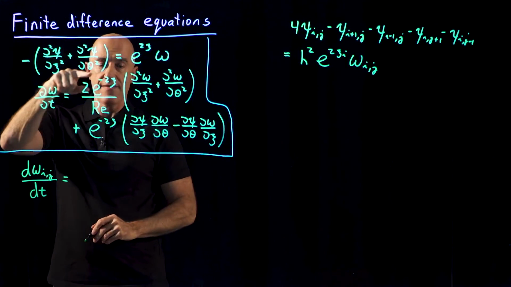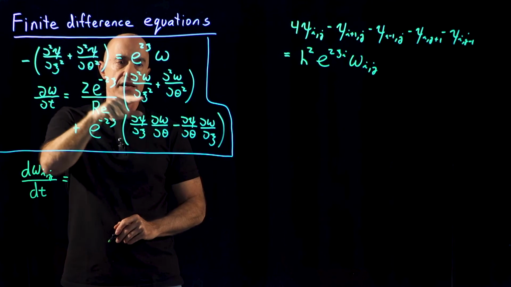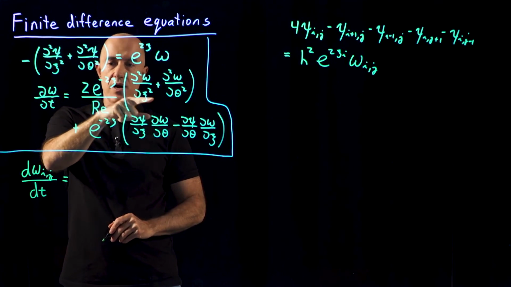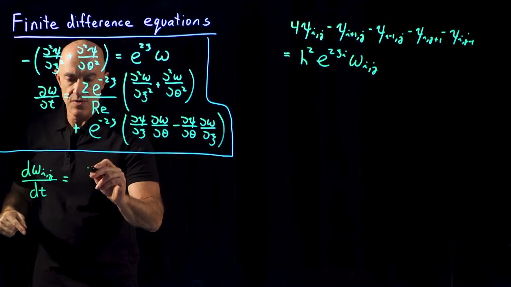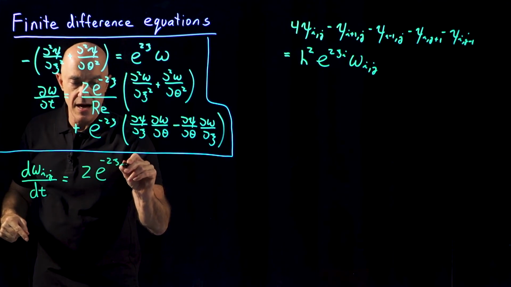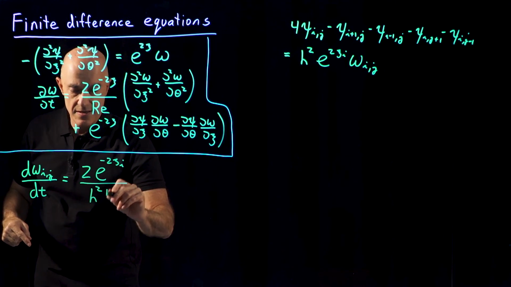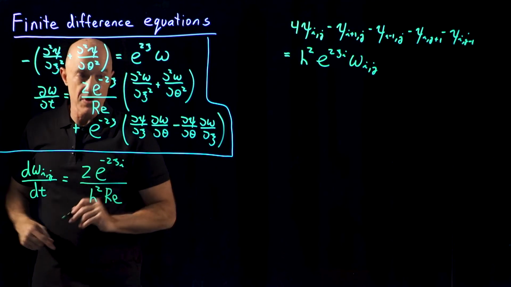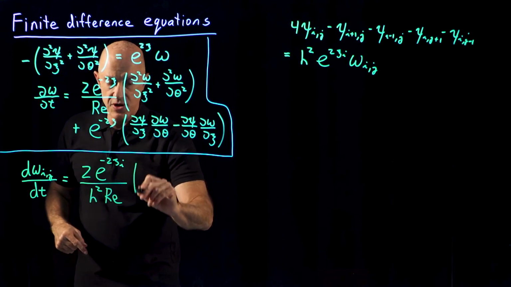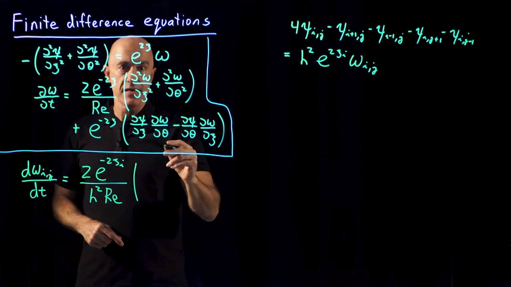And then we have this term here. So we have the Laplacian here, which will be 1 over h squared. So we have a 2 e to the minus 2 psi i over h squared times the Reynolds number. And this term here will be the same as here, but with a minus sign.